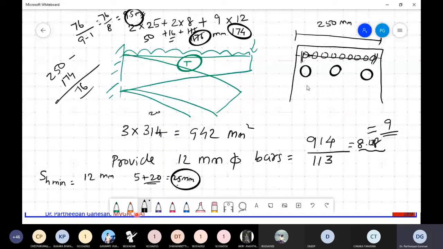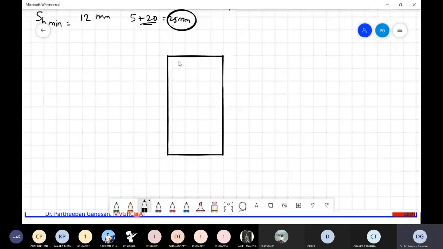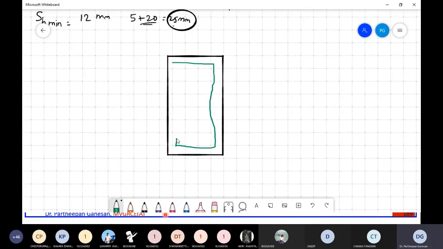Now, let us say I will draw this beam. So this is my beam, and this is my stirrups. It is very difficult to draw using this pad, but fortunately it automatically corrects it.